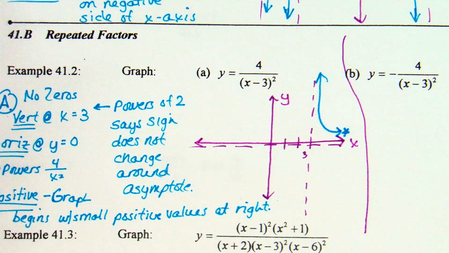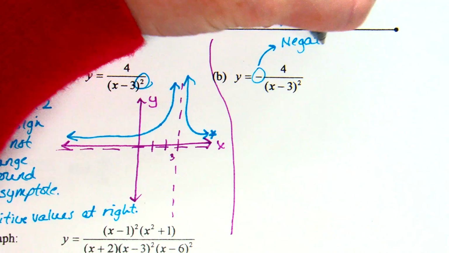Vertical asymptote again at 3. No zeros. Horizontal asymptote at 0. So what changes? Vertical asymptote of 3, I'm going to run alongside of it. What do I do after I jump over that vertical asymptote? Okay, it's squared again, so there's that even power, so we're going to stay on bottom and run along the x-axis.